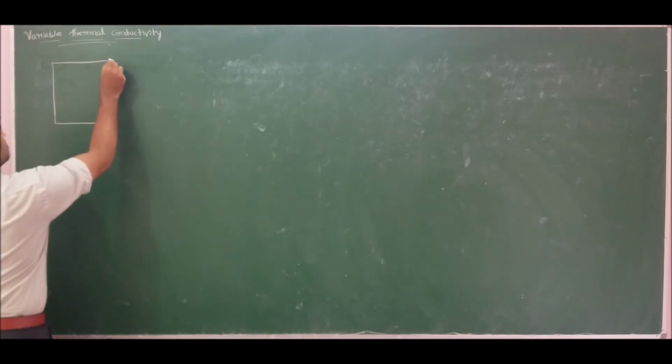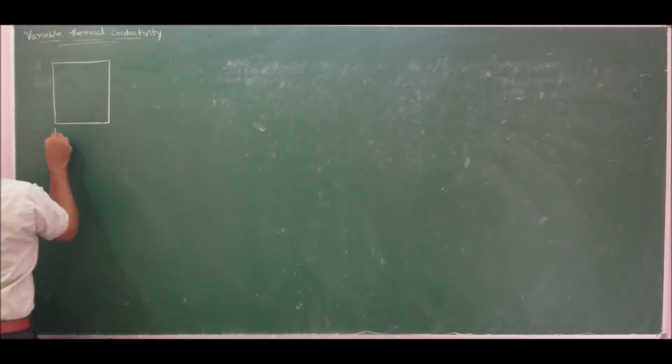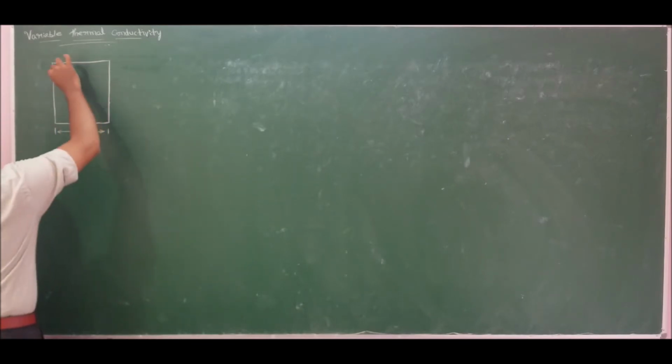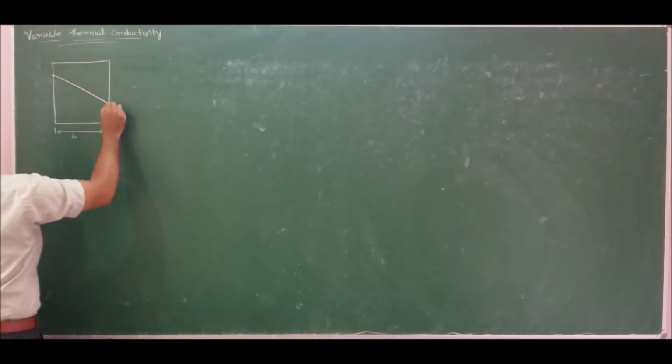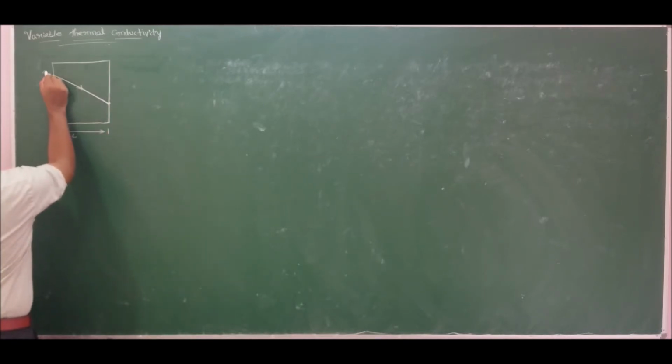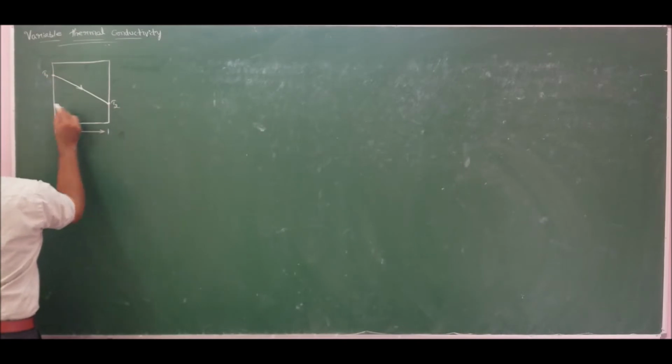for a plane wall with length x equal to L, if the thermal conductivity is constant, not varying with temperature, then we have seen the temperature gradient, which is as shown in the figure.